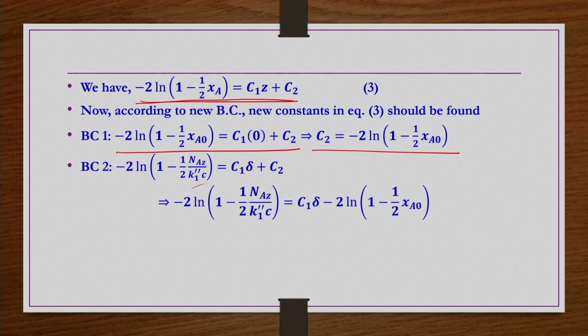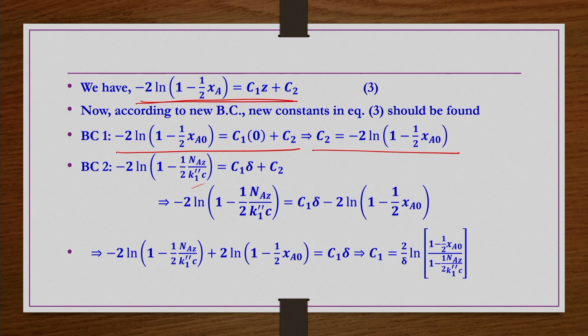So, from here C1 you get this particular term, the C2 we have substituted here, and then this ln term also we have taken to the left hand side, so that all the ln terms are together, and then on the right hand side we have only C1 delta.